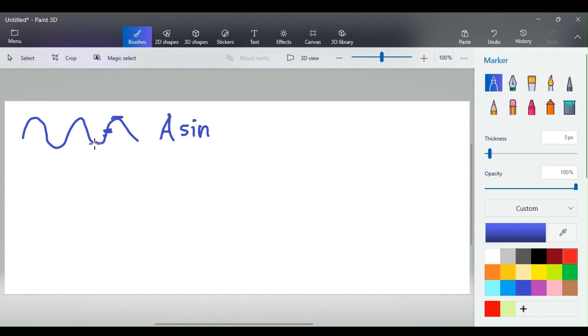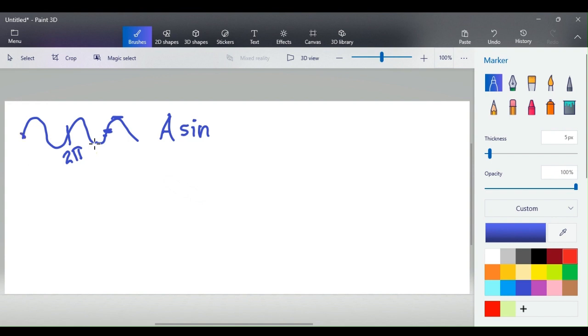And the angles of that would go from 0, and rather than 360 degrees, this would be 2 pi. So between 0 and this is 2 pi.